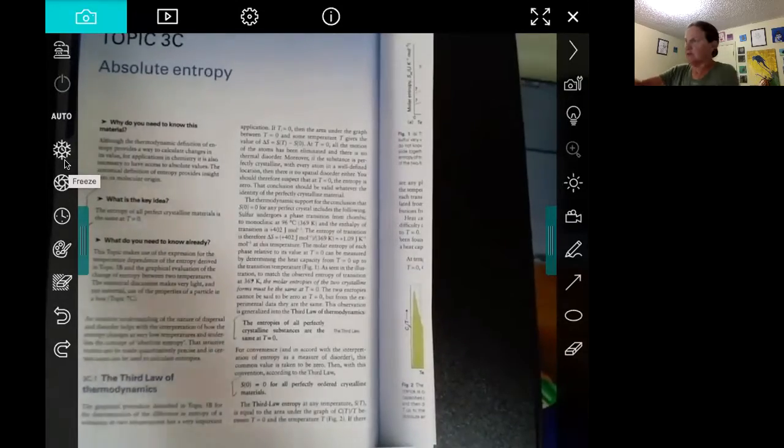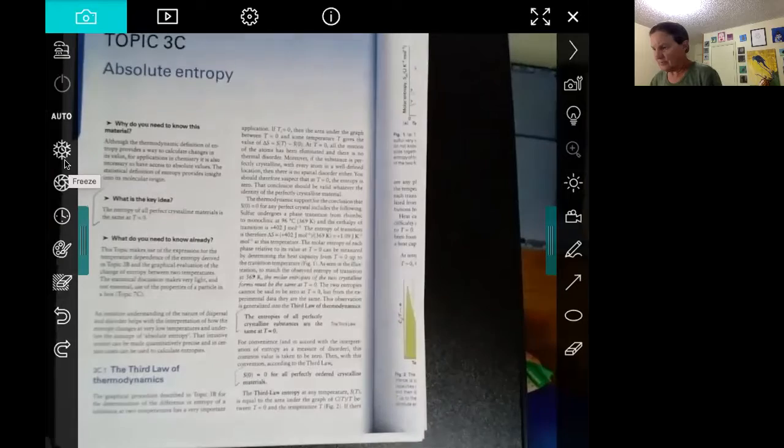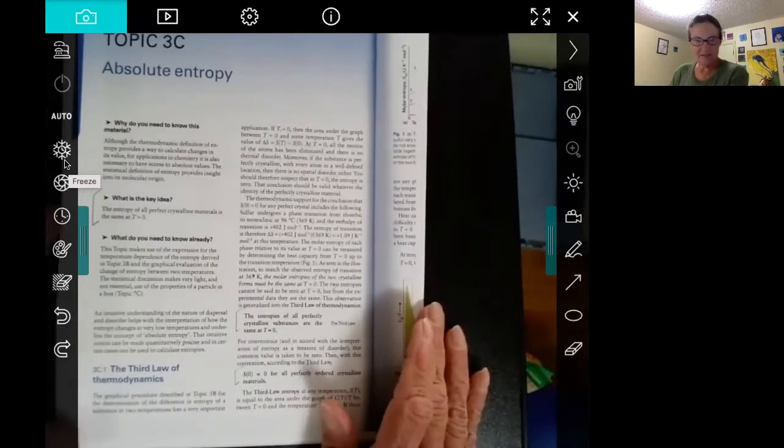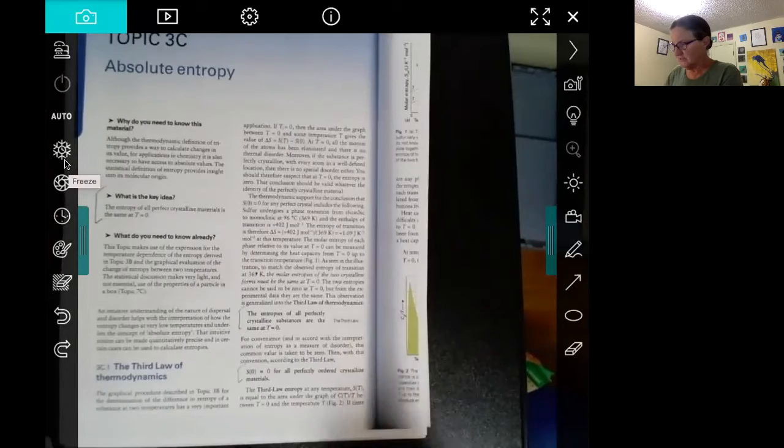Okay, so topic 3C. The key idea in this topic is that the entropy of all perfect crystalline materials is the same at T equals 0. We'll see that sometimes that's equal to 0, the entropy at T equals 0, but not always.